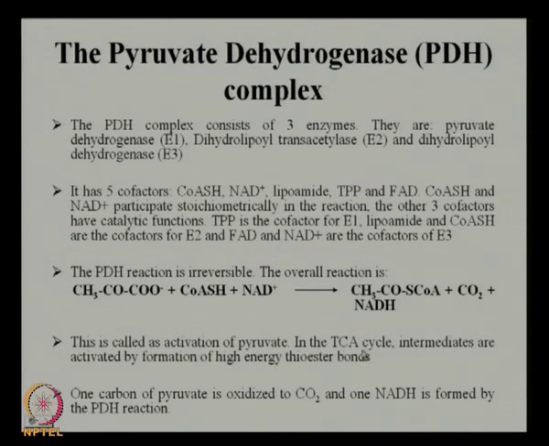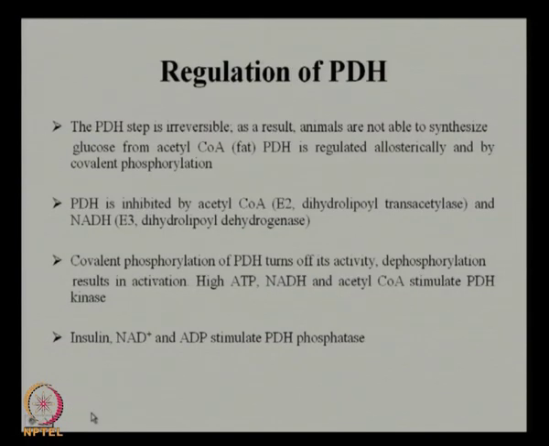In the TCA cycle, intermediates are activated by the formation of a high energy thioester bond. One carbon of pyruvate is oxidized to carbon dioxide, and one NADH is formed by the end of this reaction.